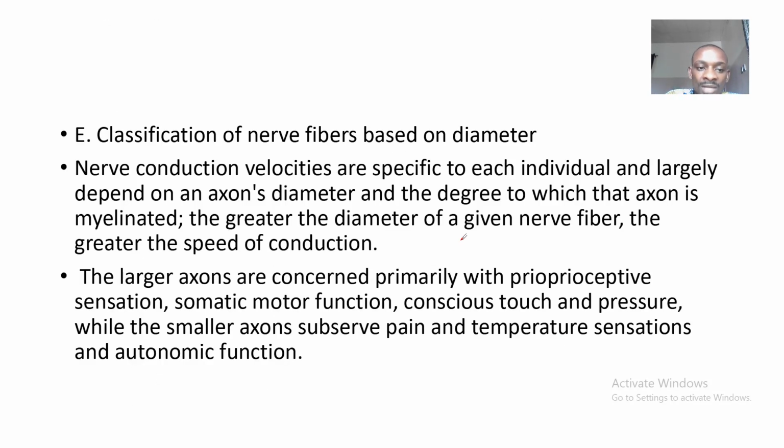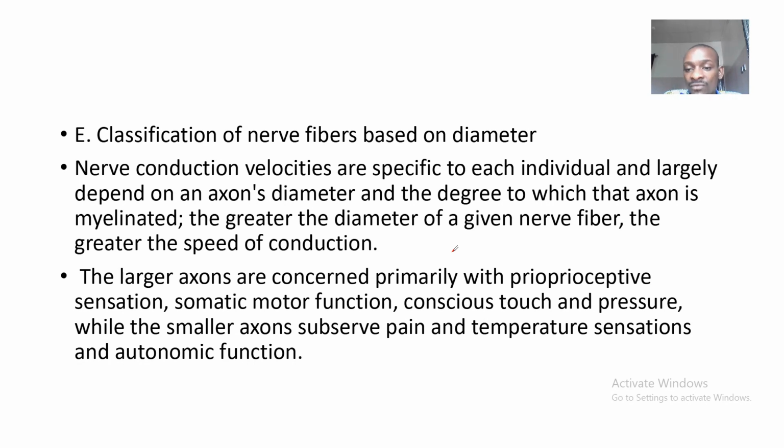Okay. So there's a subclassification of nerve fibers based on diameter. We said that nerve conduction velocities are specific to each individual and largely depend on the axon diameter and the degree to which the axon is myelinated.